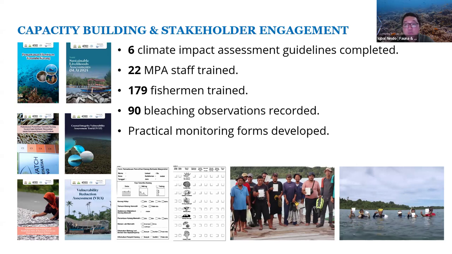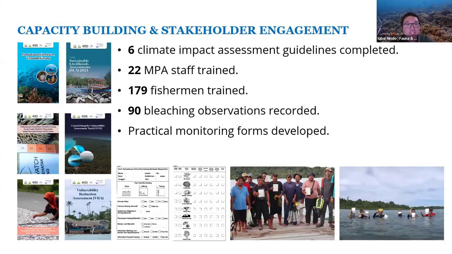We also had 179 fishermen participate in the coral bleaching monitoring program, combining simple classroom sessions with practice directly in the water across 10 villages. To support this effort, we also developed practical monitoring forms that make data collection easier while still keeping it reliable.